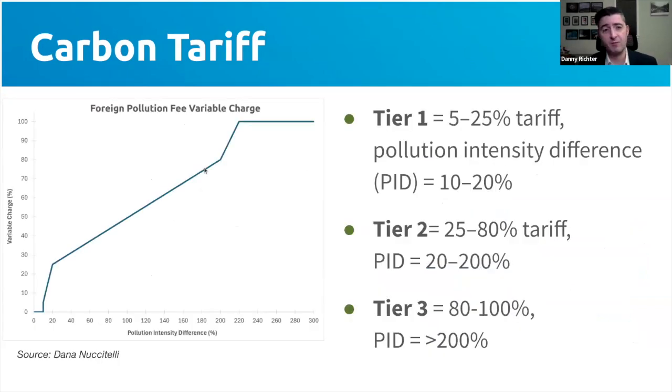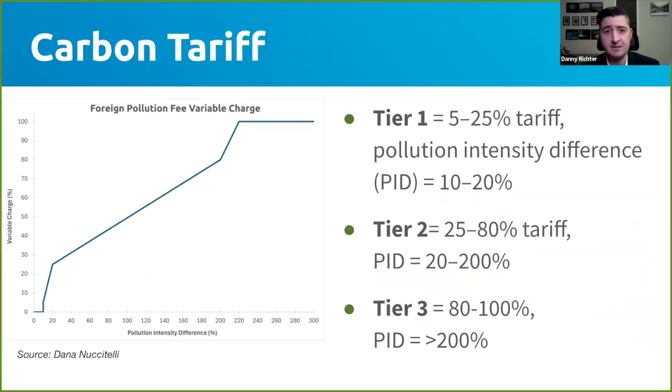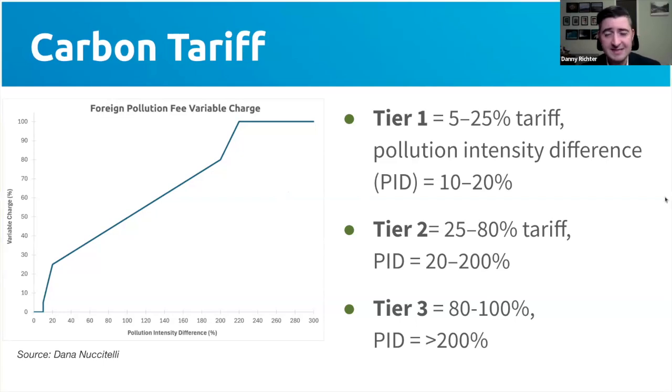The carbon tariff rate divides goods into three tiers. Tier one is a 5 to 25% tariff for a pollution intensity difference, which I've abbreviated PID here, of 10 to 20%.